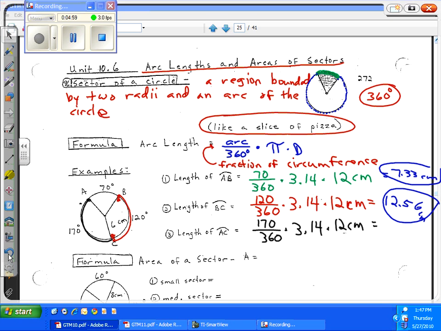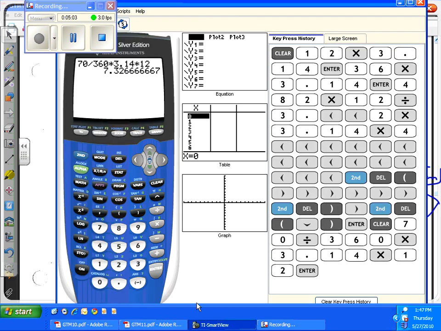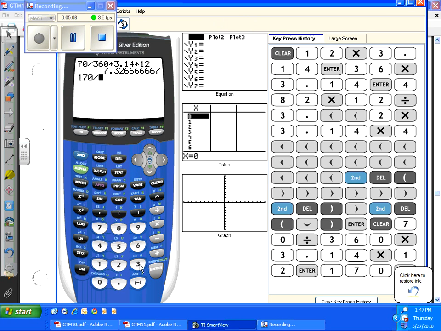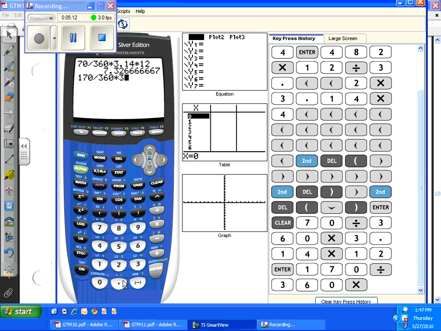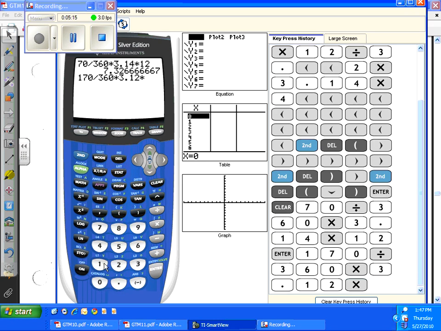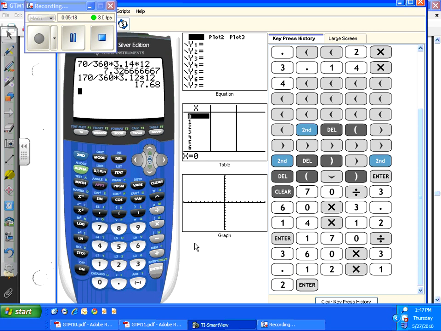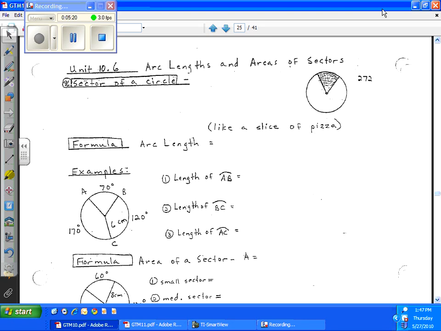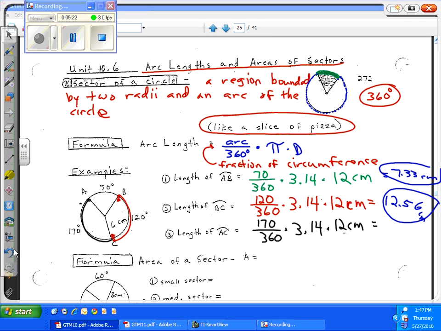We'll do that one in the calculator. 170 divided by 360 times pi times 12 is 17.68. Okay.